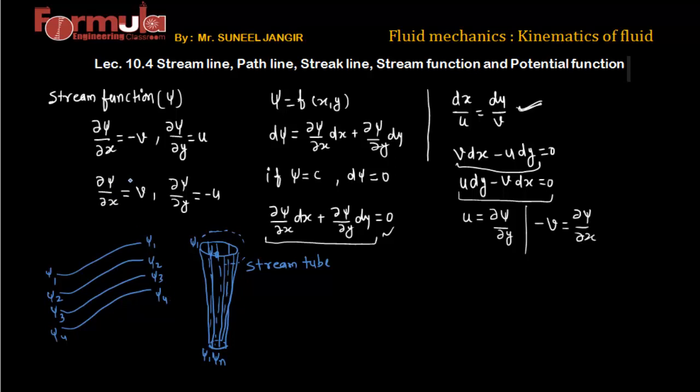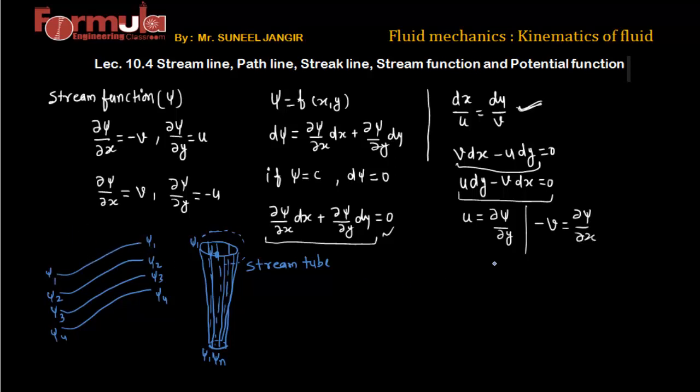From here we can say the stream function is that function which remains constant along a streamline, and it is not going to change along that line. This is a very important concept, because we will use it in the case of the Bernoulli equation. So the stream function is a function that remains constant along a streamline.